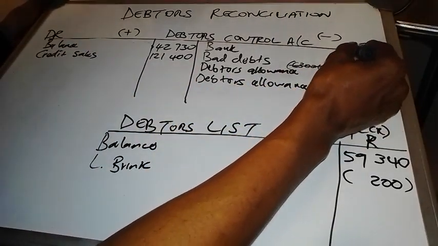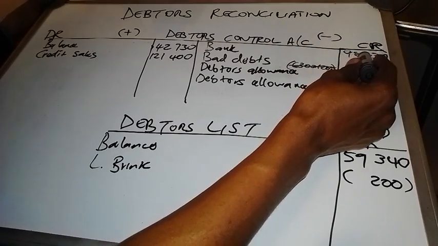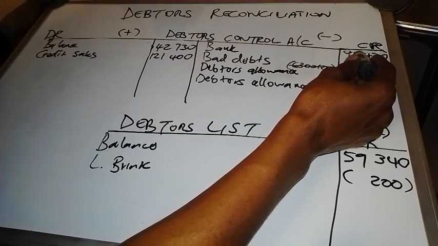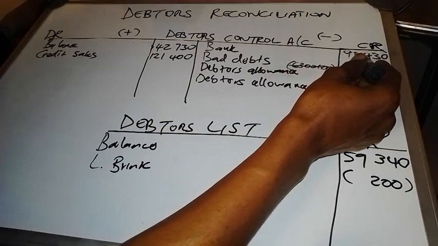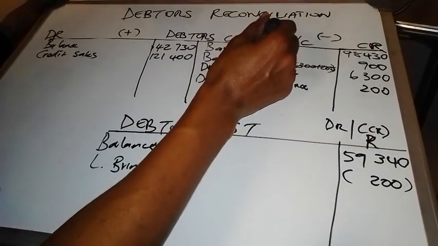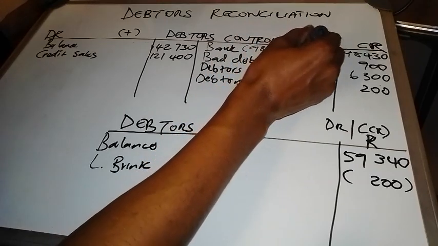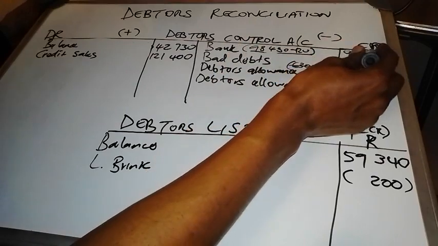This amount includes 120, and that 120 belongs to a bad debt recovered. So it's either here as well, you're going to say 98,430 minus 120, and then you'll have your balance here.